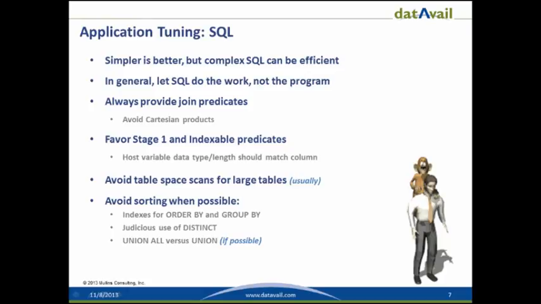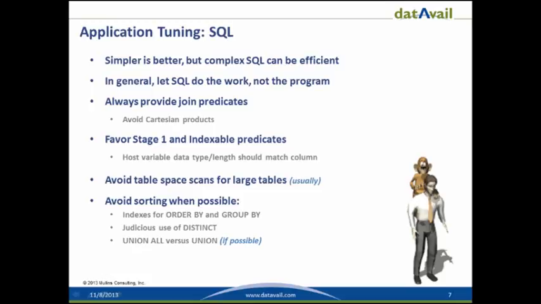Also, if you have a very small table with only a few pages, reading the entire table space can reduce I/O instead of going to the index and then reading the index pages and the table pages. So it's not an always, but it's a usually. Big red flag if you see table space scans: investigate further.